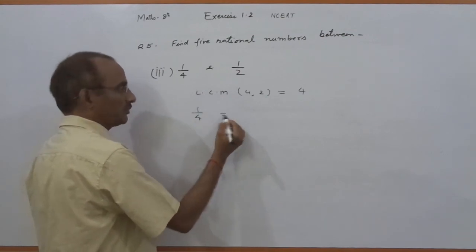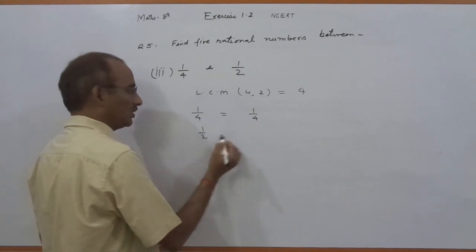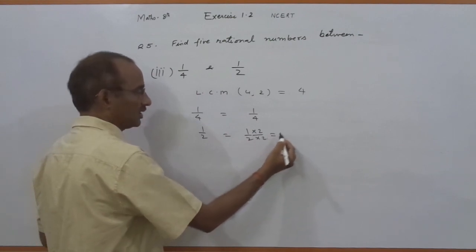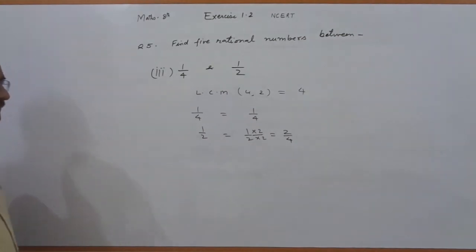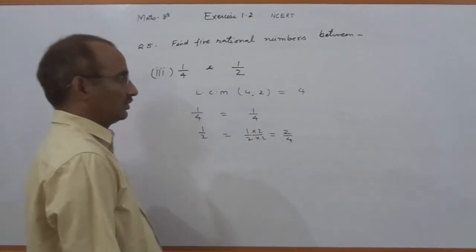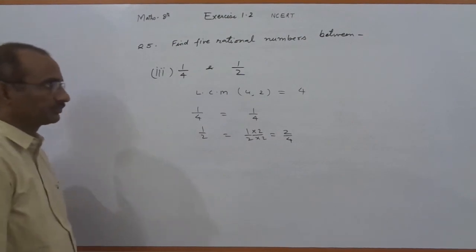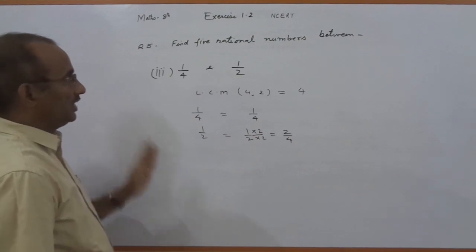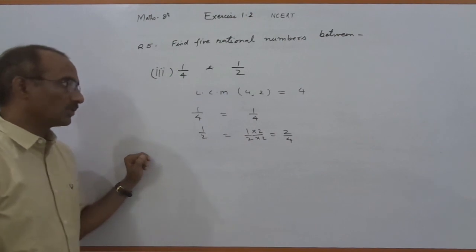So 1 upon 4 stays as 1 upon 4 and 1 upon 2 can be written as 1 upon 2 multiplied with 2 by 2. So we get 2 upon 4. We have 1 upon 4 and 2 upon 4, and we have to write 5 rational numbers between them.